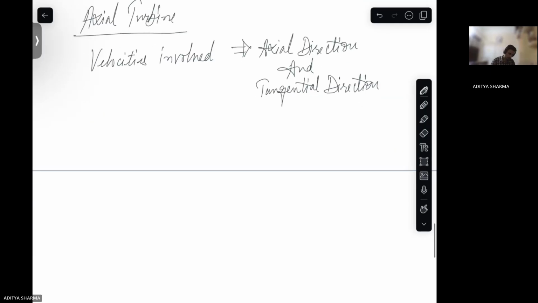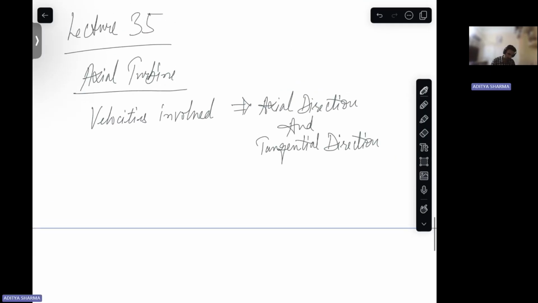And the velocity diagrams also discuss the tangential and axial direction.